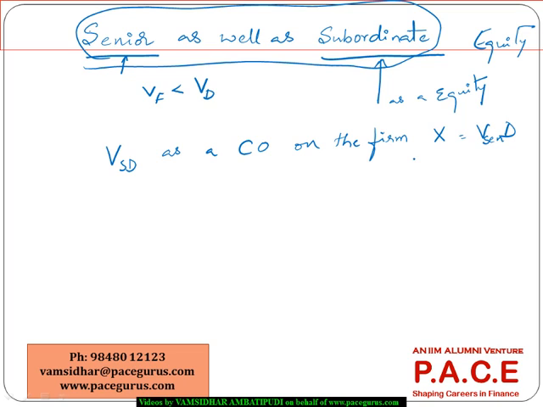If we understand the logic: if the value of the firm is less than the value of the senior debt, then these guys are going to get 0.